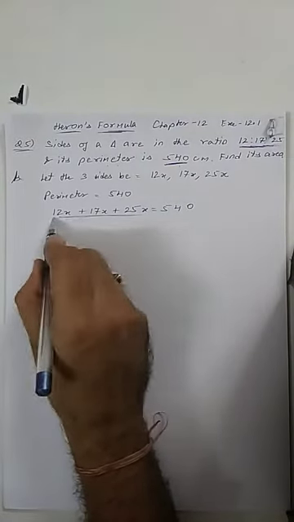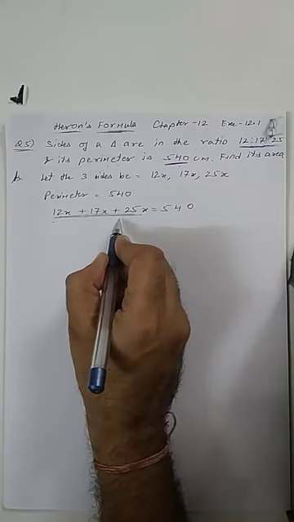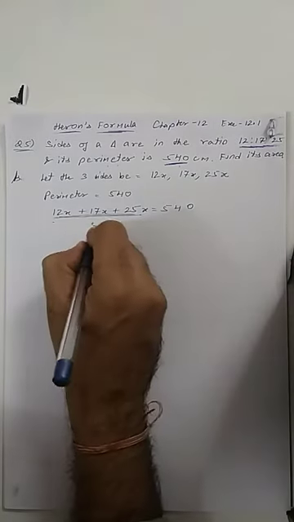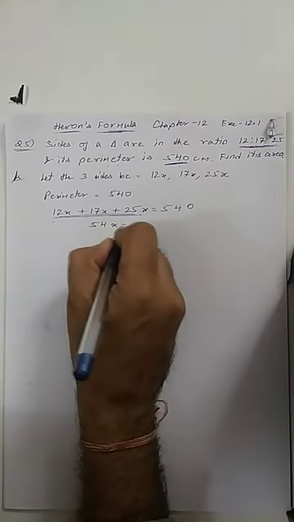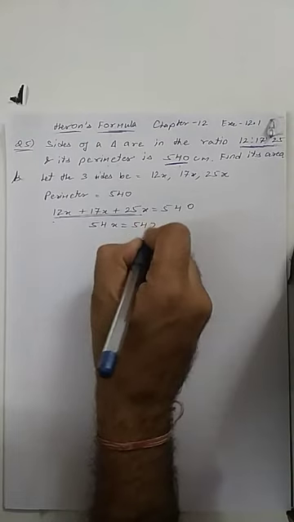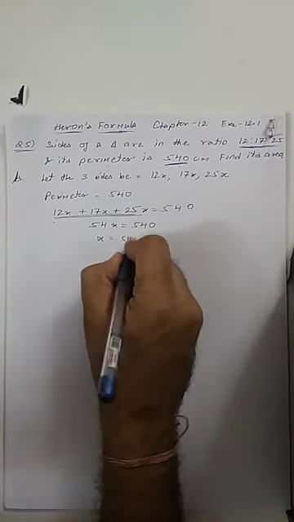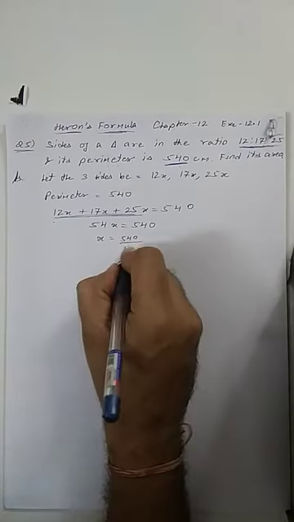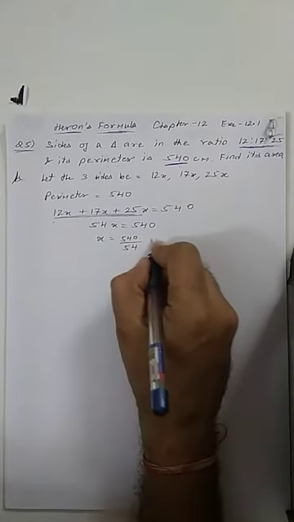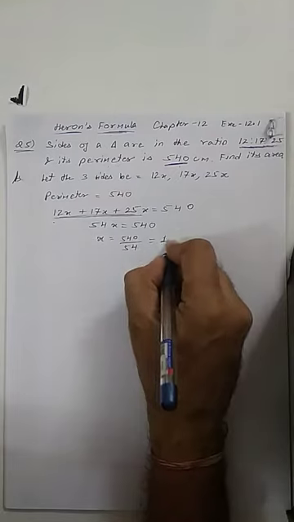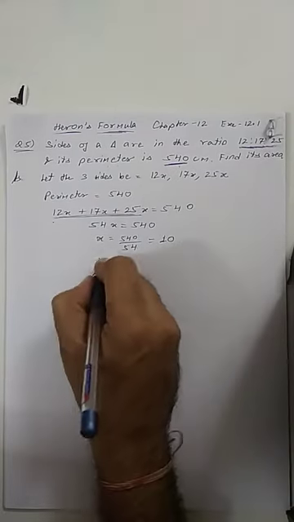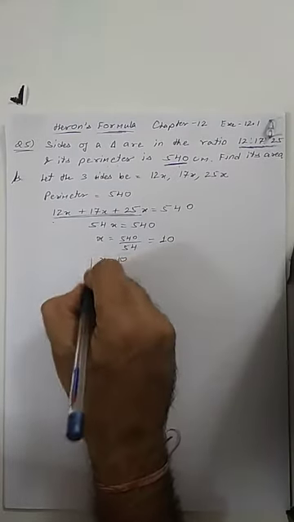When you add all this, you get 54x equals 540. So x equals 540 divided by 54. We got 10. The value of x is equal to 10.